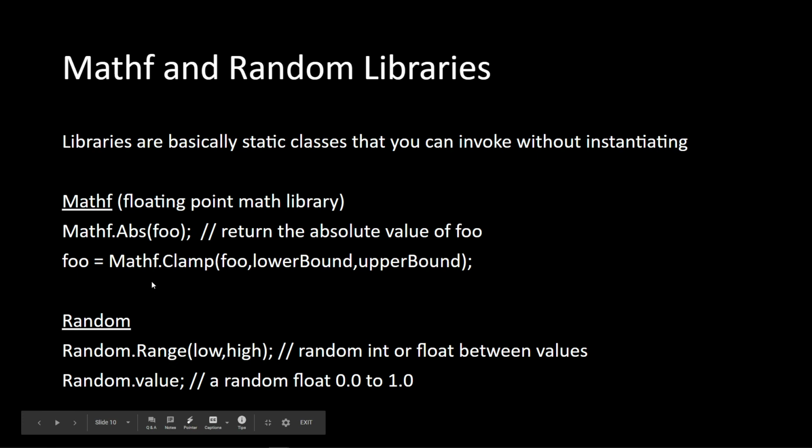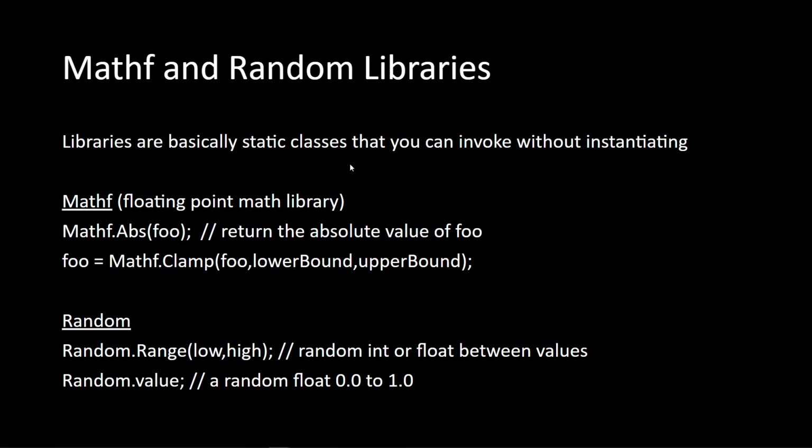If you have some sort of mathematical operation, or maybe some pathfinding, or some planning, some AI, something like that you want to implement as a general resource, but you don't need to instantiate a particular version, you can use this technique to create libraries that you can use across your project.